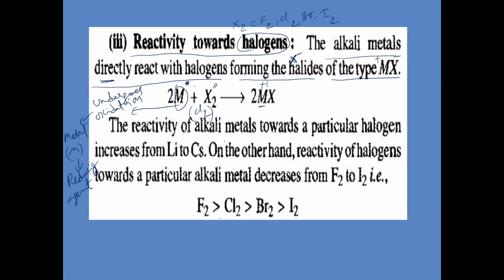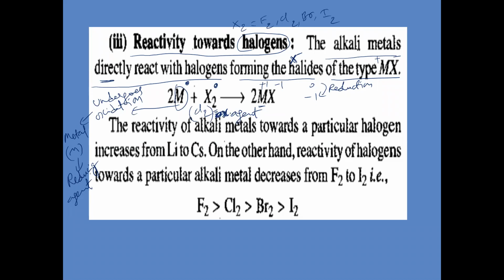Next, the halogen initially has 0 charge. Now finally it is getting minus 1. Zero to minus 1 means decrease in the charge, and decrease in the charge is called reduction. The halogens undergo reduction, so they act as oxidizing agents, and alkali metals act as reducing agents.